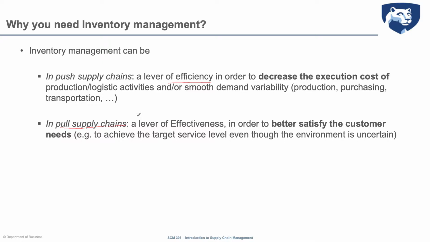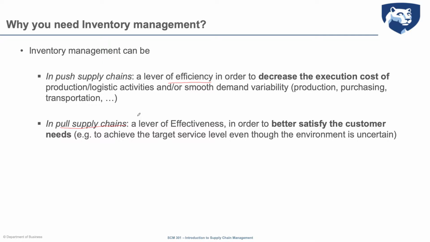And material is available if my supplier was able to produce it using other material. So basically, inventory management in pull supply chain becomes the lever to make the lead time of customer request satisfaction as short as possible once the demand has been issued to the supply chain.